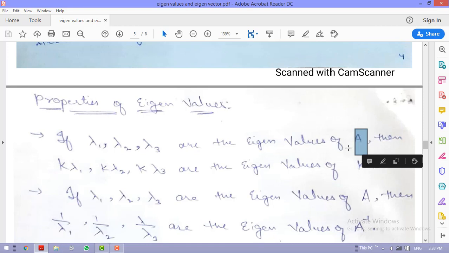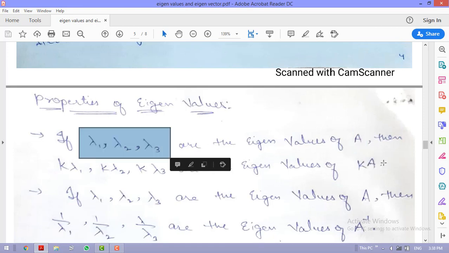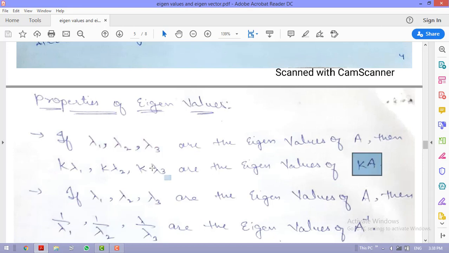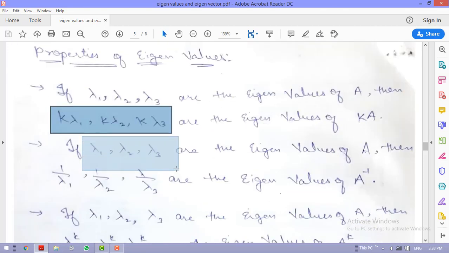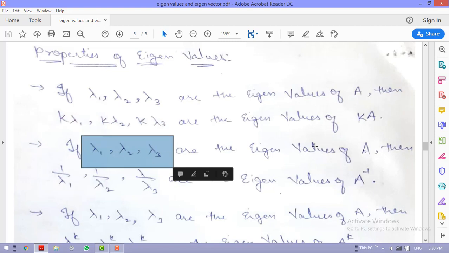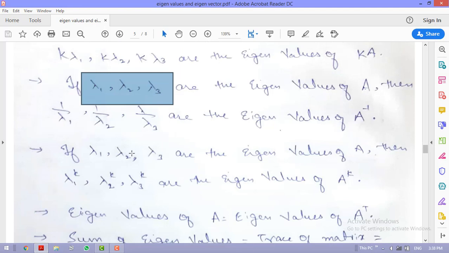If you have the same matrix multiplied by a scalar k, then its eigenvalues will be multiples of k. And if lambda 1, lambda 2 and lambda 3 are the eigenvalues of A, then 1 by lambda 1, 1 by lambda 2, 1 by lambda 3 are the eigenvalues of its inverse, meaning A inverse. Okay, and if lambda 1, lambda 2, lambda 3 are the eigenvalues of A, then lambda 1 power k, lambda 2 power k, lambda 3 power k are the eigenvalues of A power k.